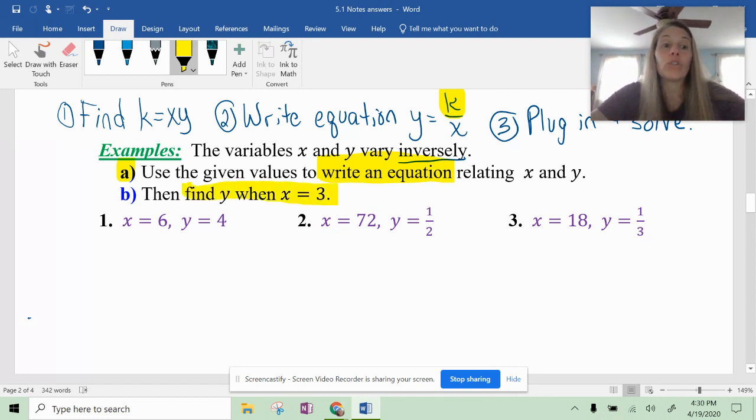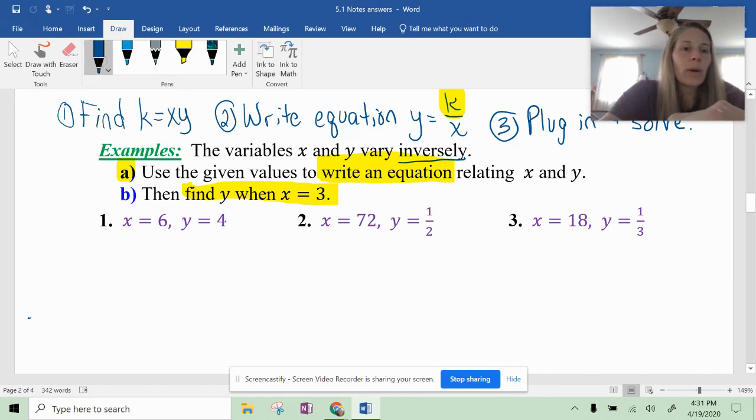Now, a lot of people will do part B because they'll do part A in their head and never write it down. But you need to write the equation if it says write the equation, because this is only one situation where we can use that equation to get an answer, but you want to write the equation because you may have to do it for multiple x values or y values. So you don't want to just skip to the answer.